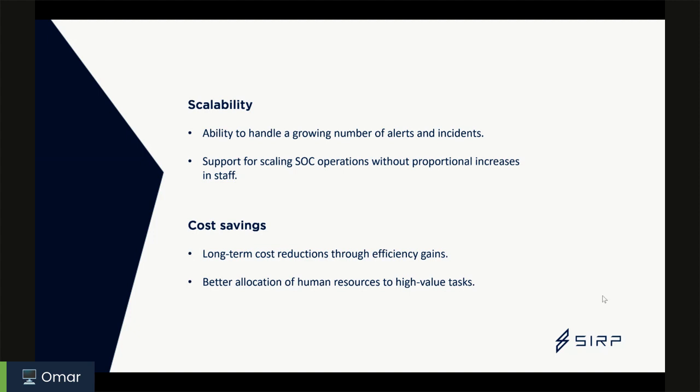By automating your routine tasks, your known use cases, SOC analysts can focus on high value activities such as threat hunting, strategic planning, and improving security posture. This not only optimizes resource utilization, but also enhances the overall effectiveness of your SOC.